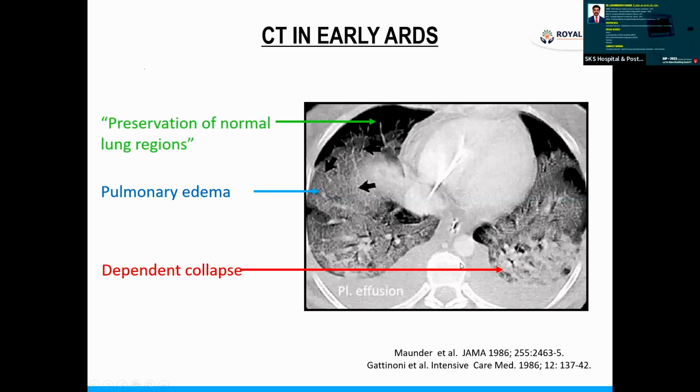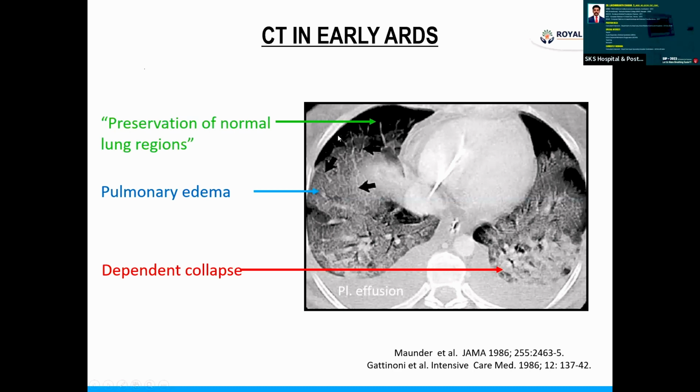What happens is it predominantly affects the dorsal or posterior portion of your lung. As the patient lies supine, this is your posterior or dorsal dependent portion of the lung, which is affected more. That is, there is more collapse or more alveolar flooding in the posterior portion, whereas the anterior or ventral portion of the lungs is relatively spared.